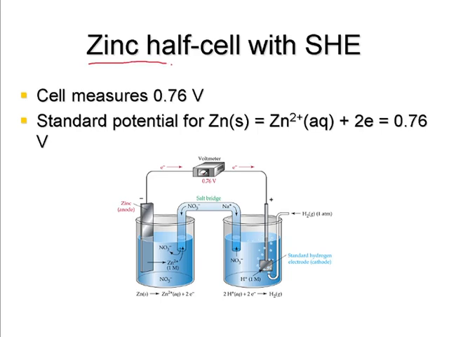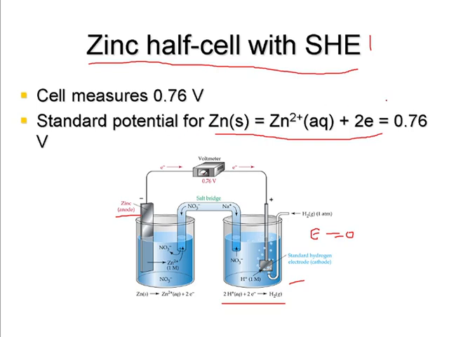Okay, so you have a zinc half reaction with the SHE. This is what you have. At the anode you have the zinc half reaction, then at the cathode you have the SHE. Here the E0 is normally 0. So for the calculation, the standard potential for this is minus 0.76, because you have 0 minus (minus 0.76), which gives you 0 plus 0.76, which is basically 0.76 if you're using SHE, because you know this is the cathode.